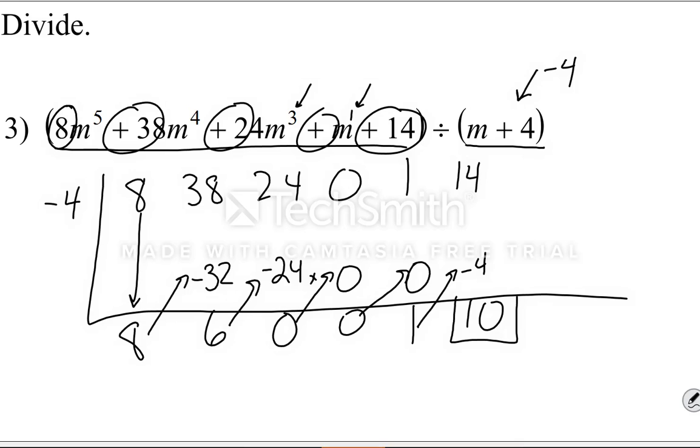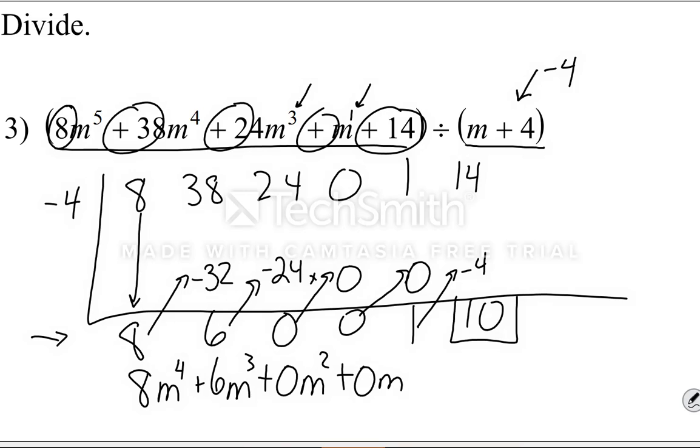So now I can rewrite this bottom piece here as 8m to the 4. Remember I had to drop the power down 1. Plus 6m to the 3rd plus 0m squared plus 0m plus 1 plus, now we're my remainder, which is 10 over the m plus 4.